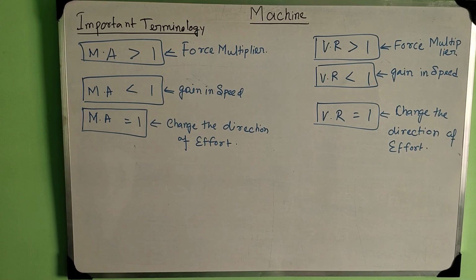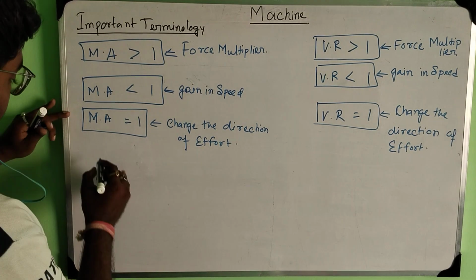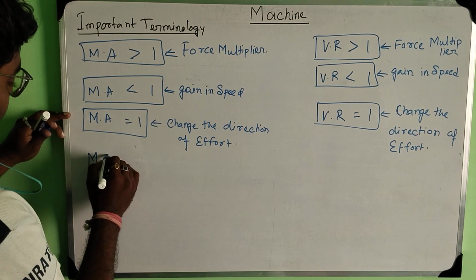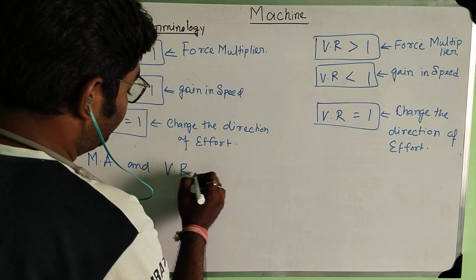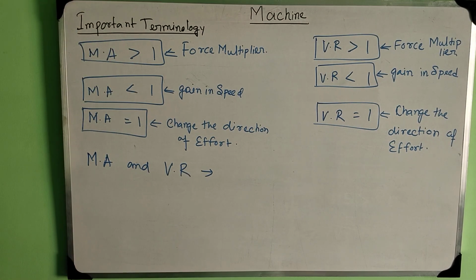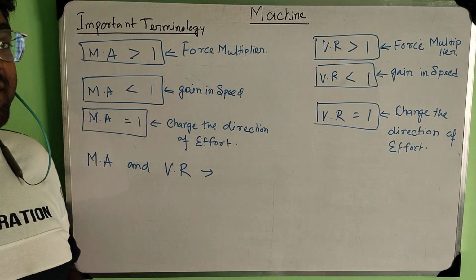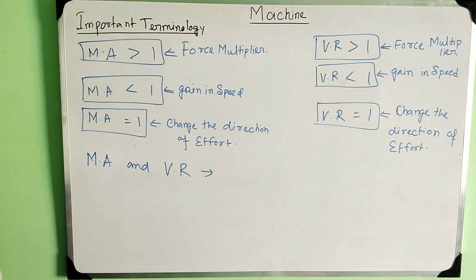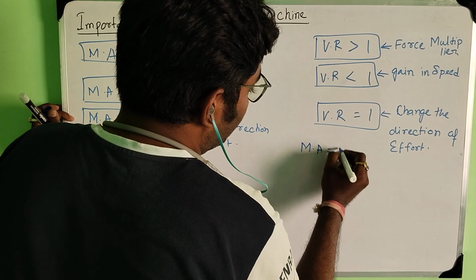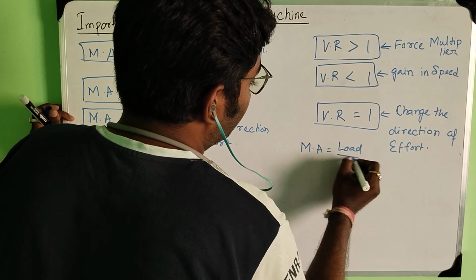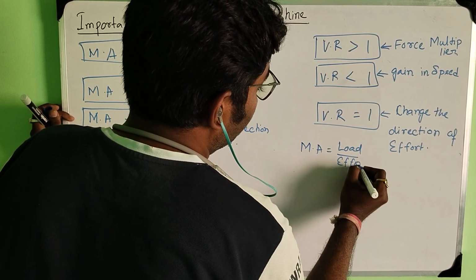Now the important thing is that mechanical advantage and velocity ratio are the ratio of the same thing. Mechanical advantage means load by effort.